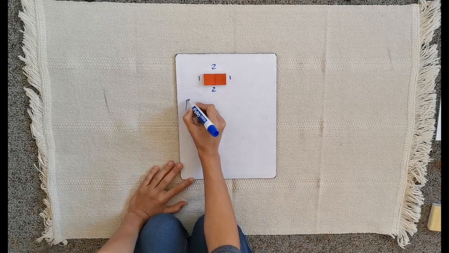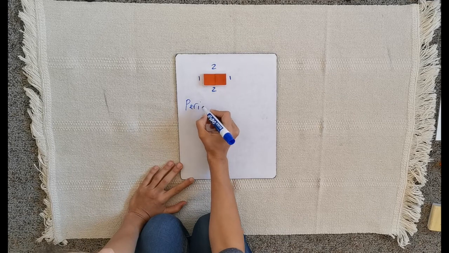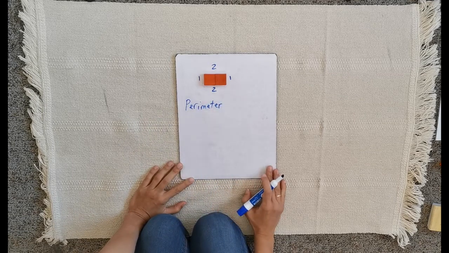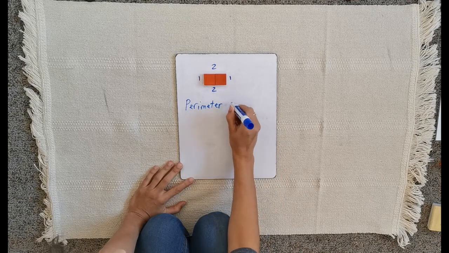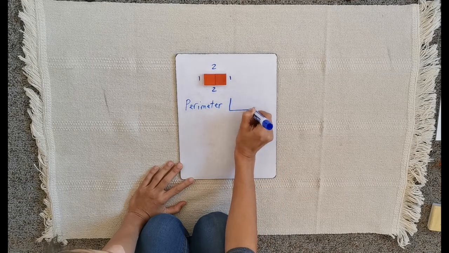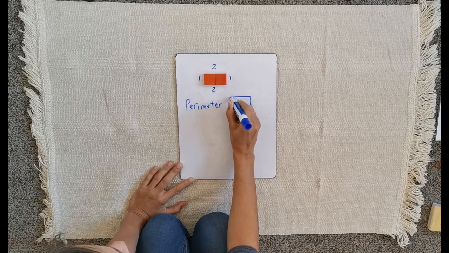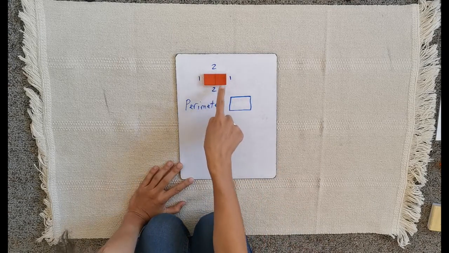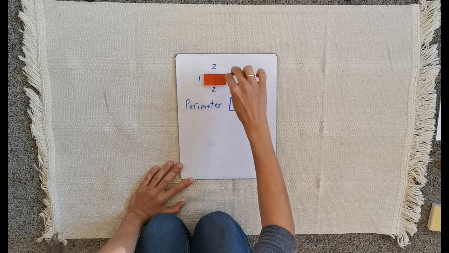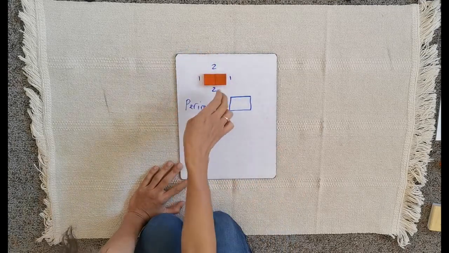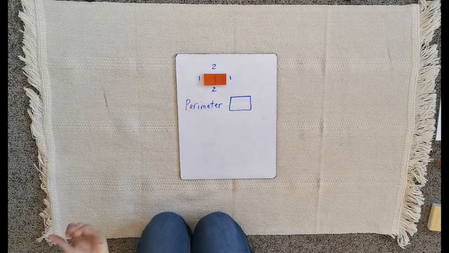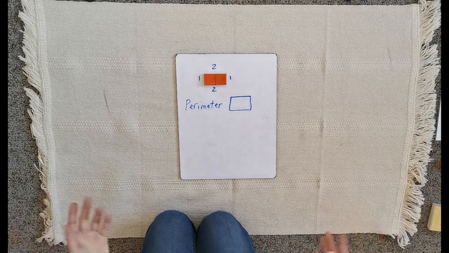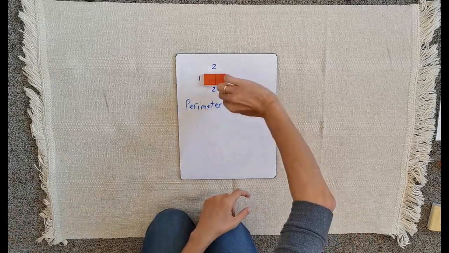perimeter. The perimeter will be the line around the shape. Imagine that this is a swimming pool and you walk around. How many units will you walk?